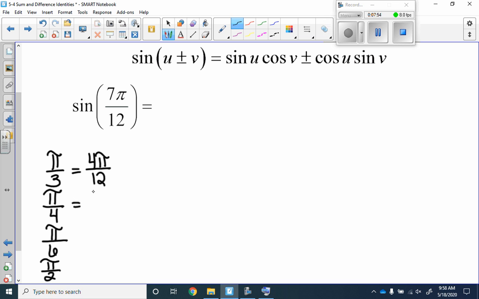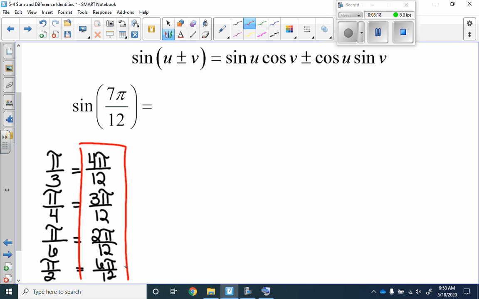Pi over 4 would simplify to 3 pi over 12. Pi over 6 would simplify to 2 pi over 12. And then pi over 2 would simplify to 6 pi over 12. And obviously you've got more that you can be working with once you get into the other quadrants.